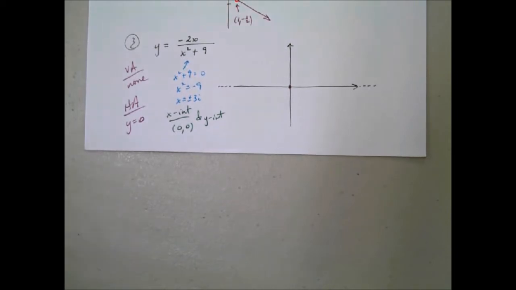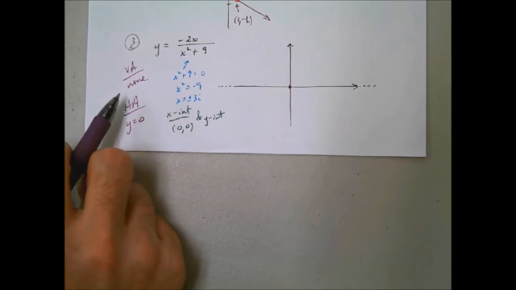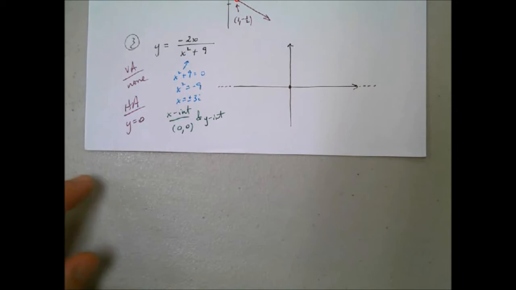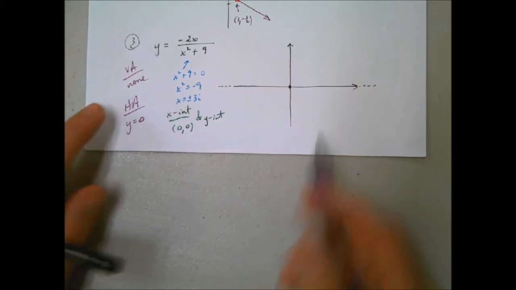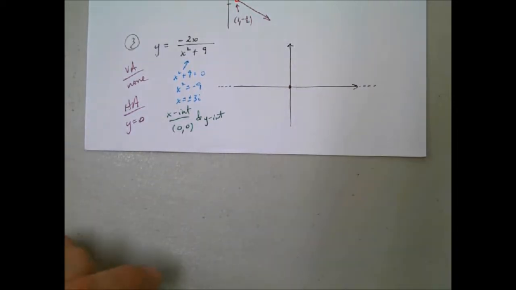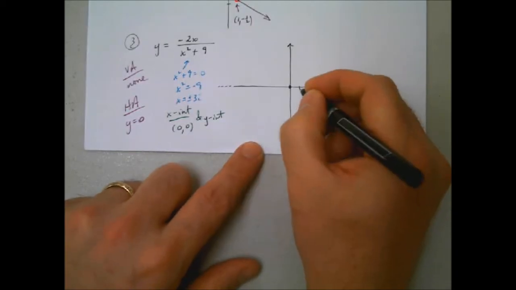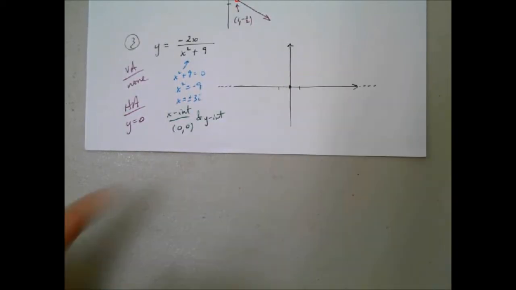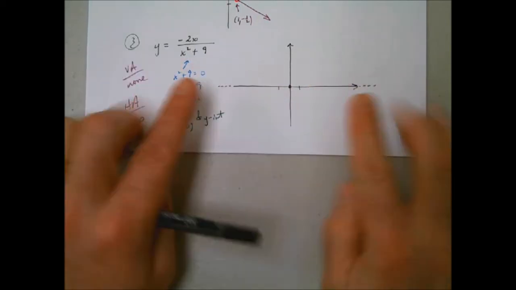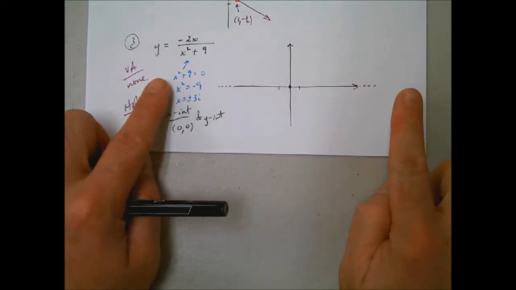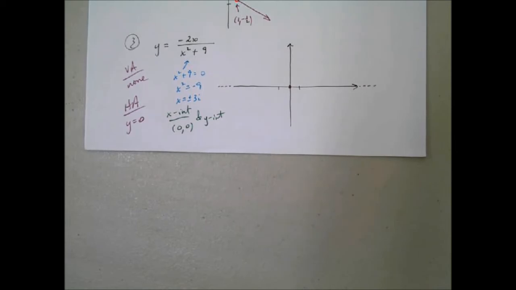Now remember, I also told you that there's always one more piece of graph than there are vertical asymptotes. So since there are 0 vertical asymptotes, there's one piece of graph here. We're going to have to plug in some points. I'd suggest plugging in a 1 and a negative 1 just to see what's going on, because as it goes to the left and right forever, the graph goes to elevation 0.